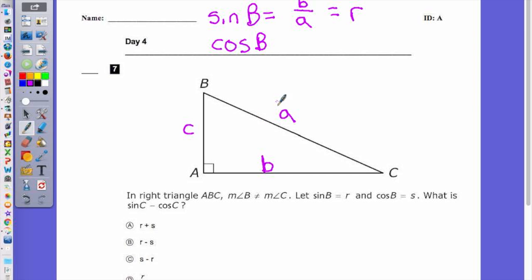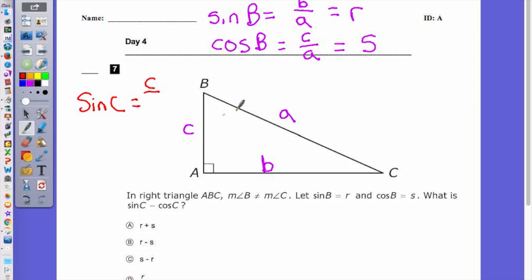So how would I write out cosine of B? Adjacent over hypotenuse, so that would be c over a, which equals S. It's SOHCAHTOA. So now, how would I write out sine of C?